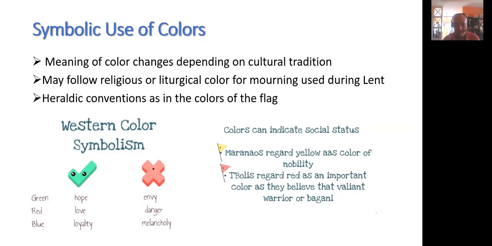But somehow, red could also have a negative connotation of danger. On the other hand, blue could represent loyalty. It also could represent melancholy. So that's why we have the song "Bluer Than Blue, Sadder Than Sad." It's because when you're feeling blue, that's melancholy.